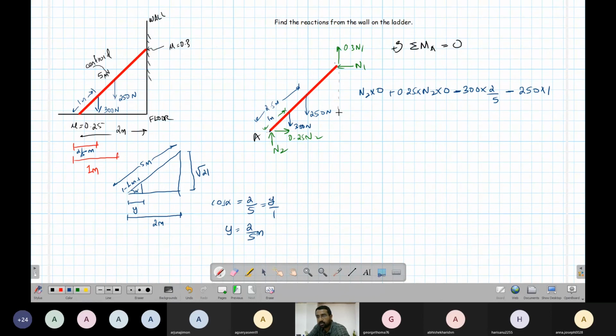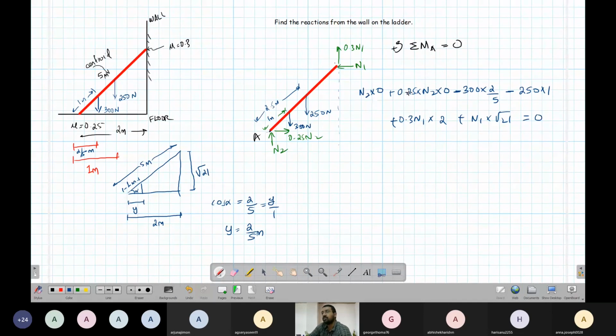The line of action's perpendicular distance is 2 meters. So 0.3 N1 times 2 meters. It is trying to rotate in the anti-clockwise direction, so this is plus. Now this N1 times what is this distance? This is already found, root 21. It is also trying to rotate in the anti-clockwise direction, so it is plus.